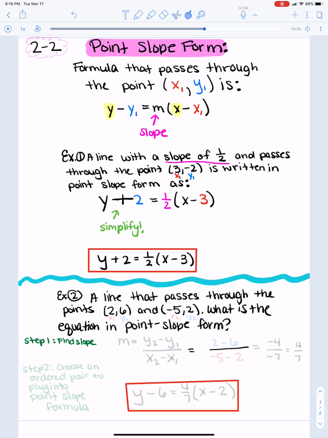So step 1, we're going to find the slope using the slope formula. That's m equals y2 minus y1 over x2 minus x1. So I'm going to label my x1 and my y1 in my 2 points. My 2 is going to be my x1, my -5 is going to be my x2, and then that's going to make my 6 my y1, and my 2 my y2.